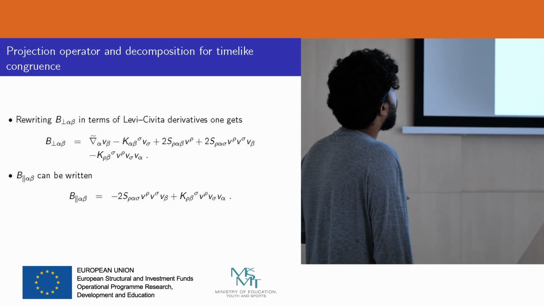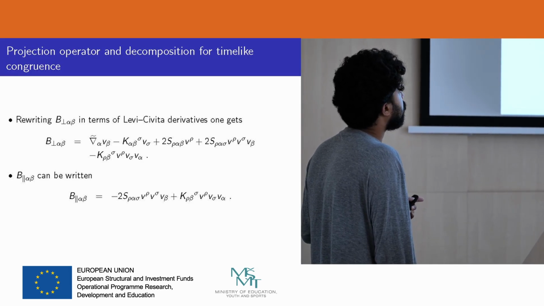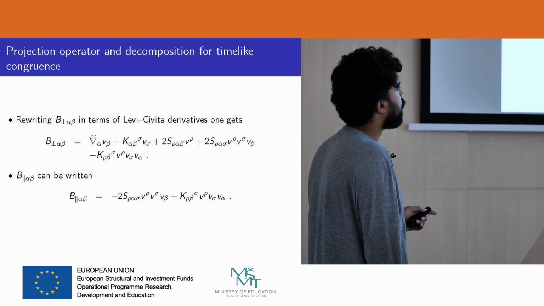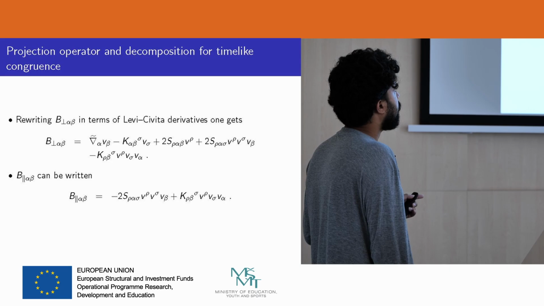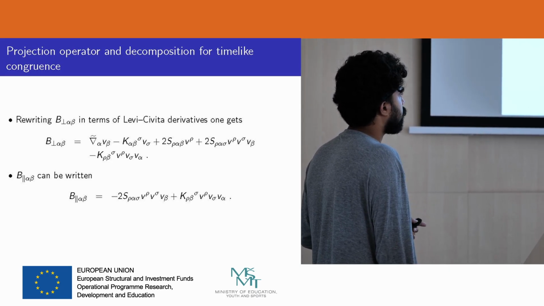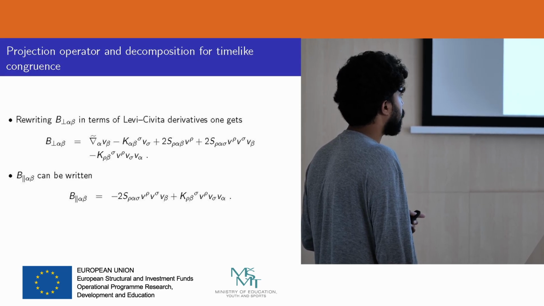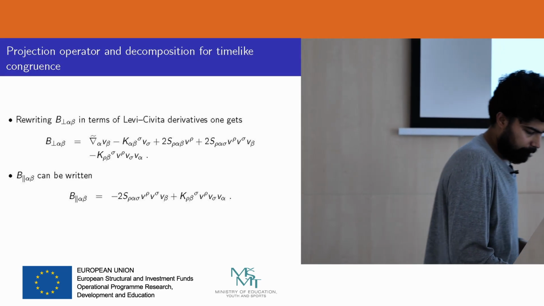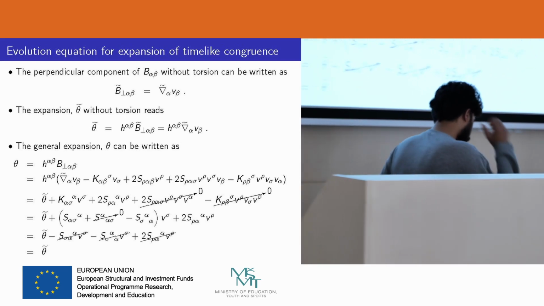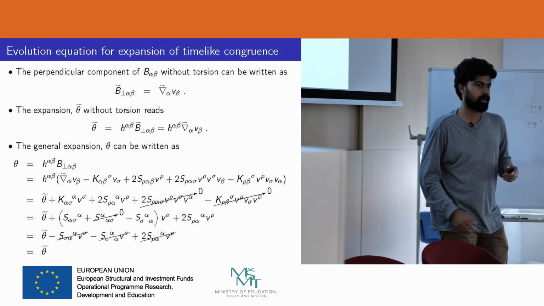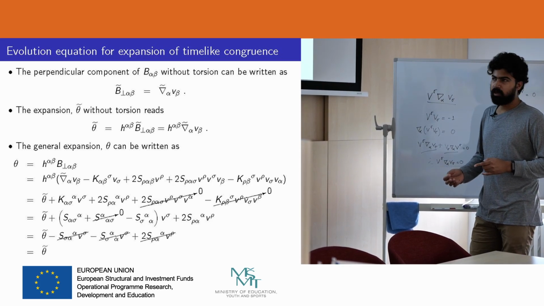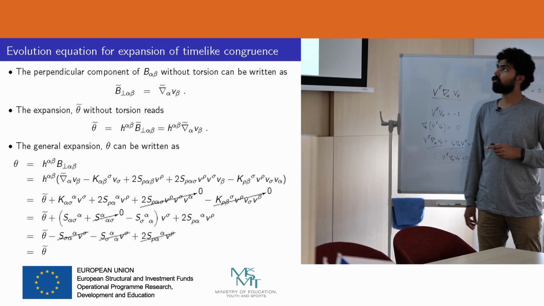So we can open up the generic covariant derivative, and we have this expression for the perpendicular component of B, and we can also determine the parallel component, which is the same. Now we want to determine how the expansion evolves as we move along the congruence.